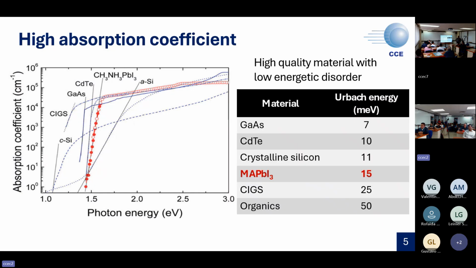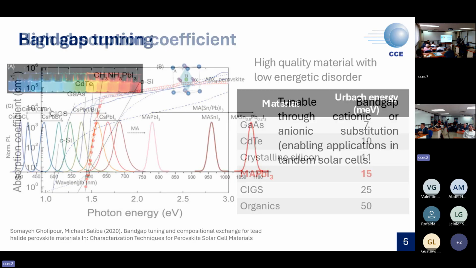And why perovskite is so interesting to use in solar cells is because perovskite materials possess a high absorption coefficient, similar to technologies like gallium arsenide, cadmium telluride, and other important technologies. In particular, they present a low value of Urbach energy, and this represents a material with low energetic disorder.